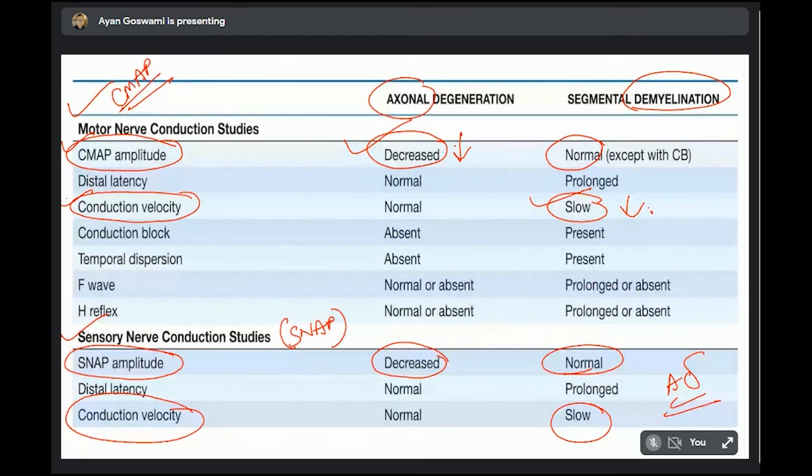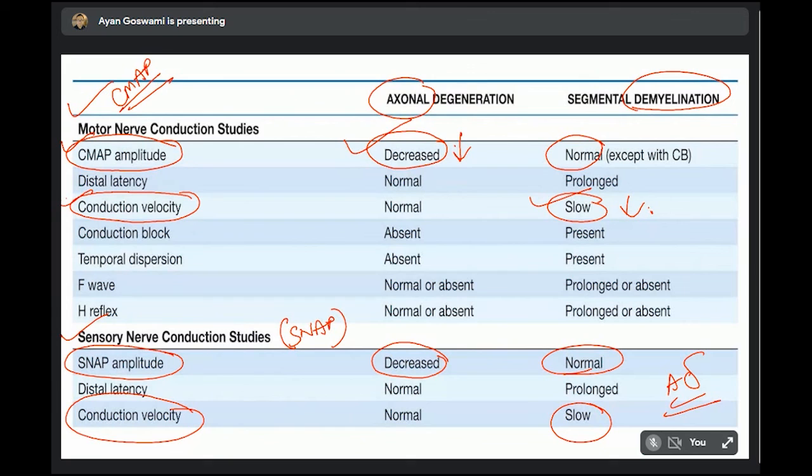So I won't repeat this class because this is only for demonstration purposes, and you will face only a few questions regarding axonal neuropathy and the difference between axonal neuropathy and demyelinating neuropathy. A very easy question from nerve conduction study, and no one will be asking you how nerve conduction study is performed, how the electrodes are placed.